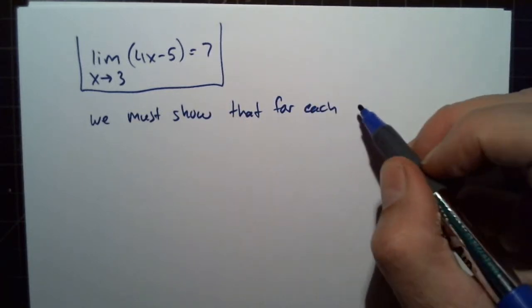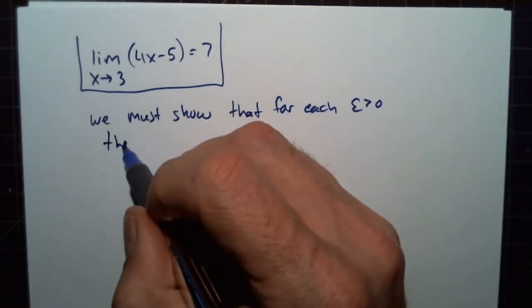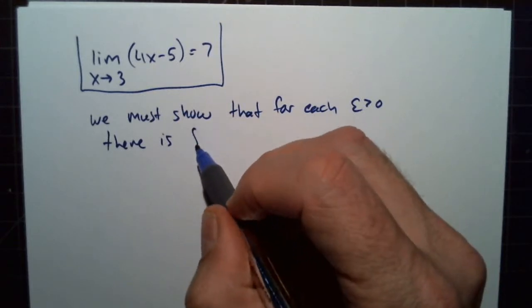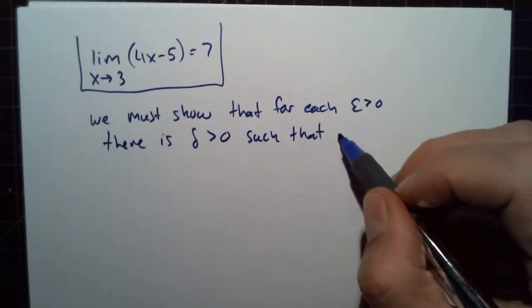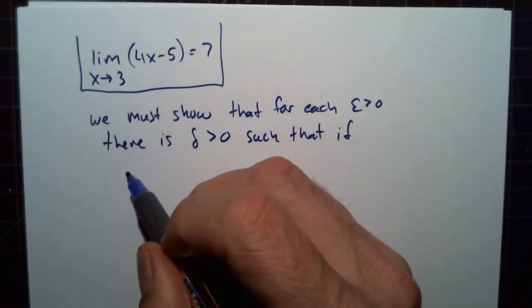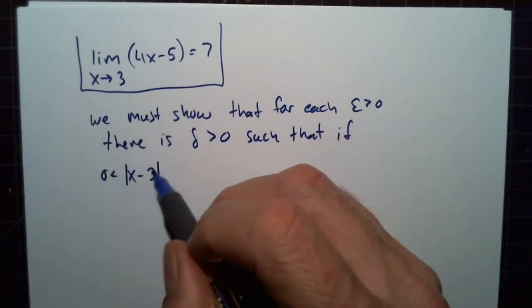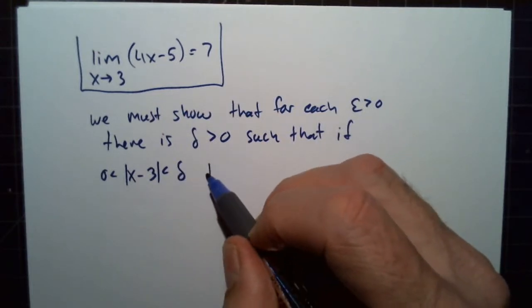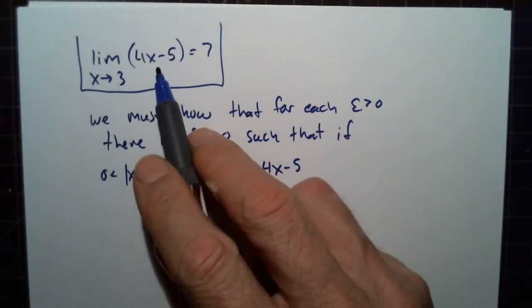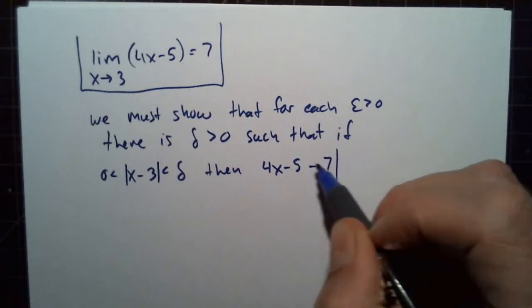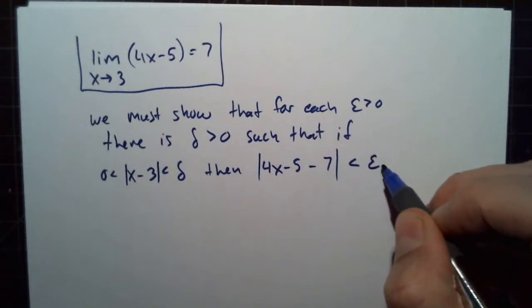We must show that for each epsilon greater than 0, there is a delta greater than 0 such that if |x - 3| < delta, then |(4x - 5) - 7|, the function minus 7, which is the limit, is less than epsilon.